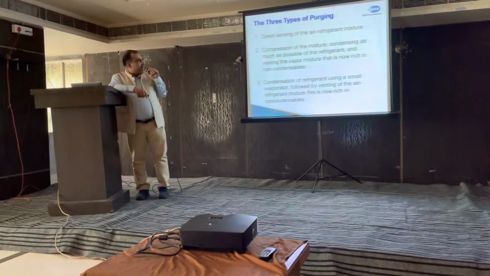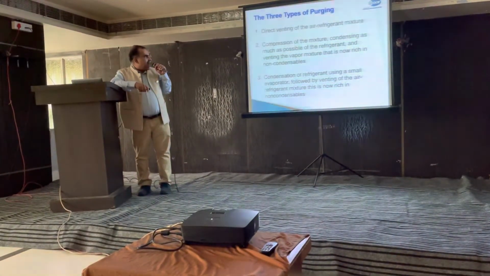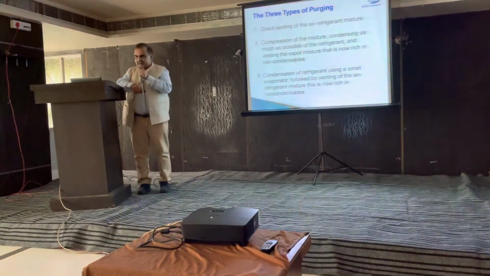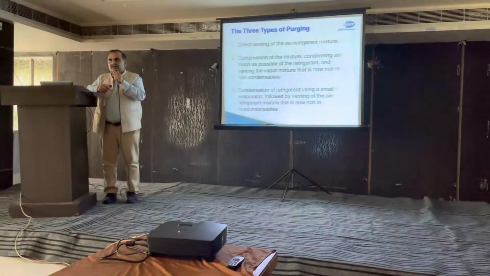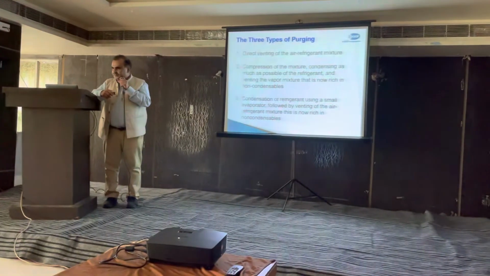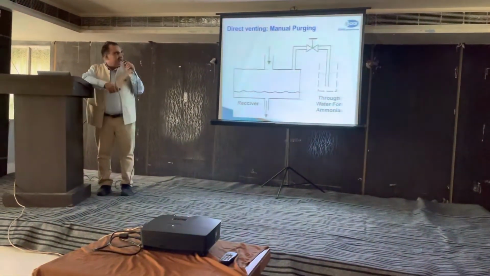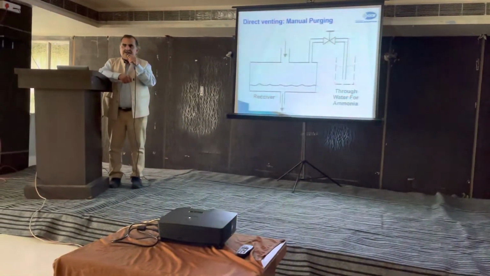So as I said, three types of purging are there. One is direct purging or manual purging. The second one is automatic purging using an external compressor and condensing unit. The third one is using the refrigeration system itself. When we are talking about purging, it means separating air from the refrigeration plant.